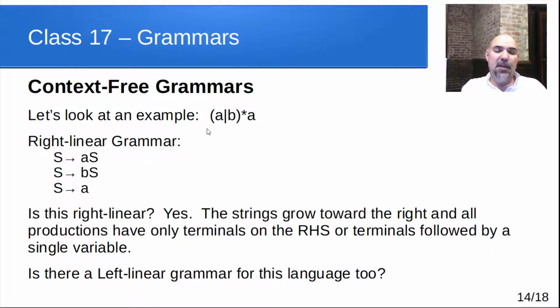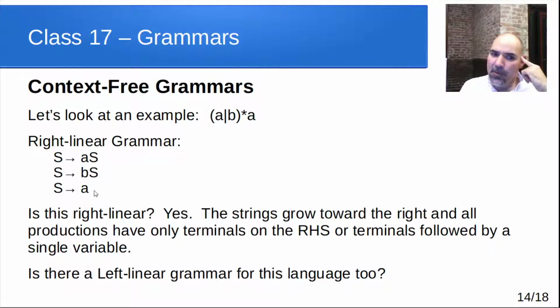So in this case, we have S produces AS, S produces BS, and S produces A. And let's focus on this a little bit. Notice what this was saying up here is (A or B) star. So we can get 0 or more A's and B's, but we eventually have to stop when we get an A. It has to end with an A. So this is all strings of only A's and B's ending with an A.